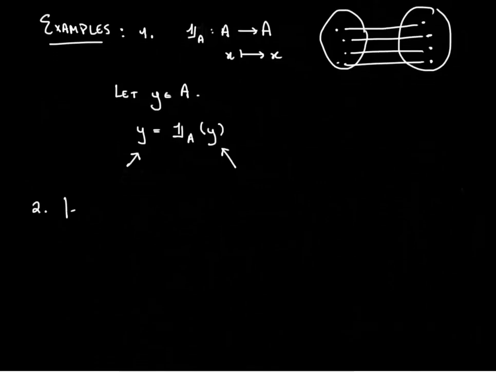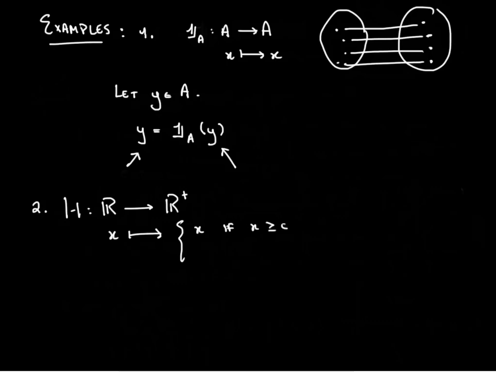Now, for a more interesting function, we can talk about the absolute value function, which goes from the set of real numbers to the set of non-negative real numbers. And the way we define the absolute value function, it's a piecewise function, which sends x to itself if x is already positive or equal to 0, and we send it to negative x if x is a negative number.